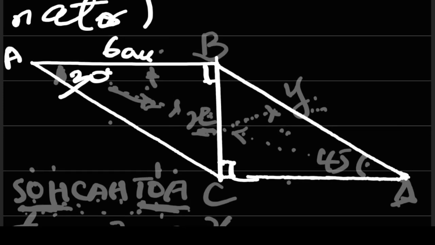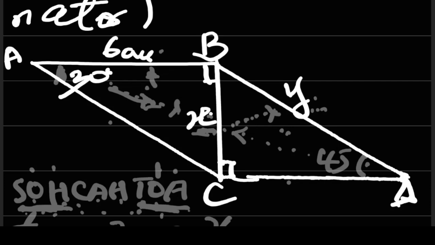We have A here, we have B, we have C here, and we have D here. So this side is our X, and this side is our Y. We are to find the value of X and also the value of Y.